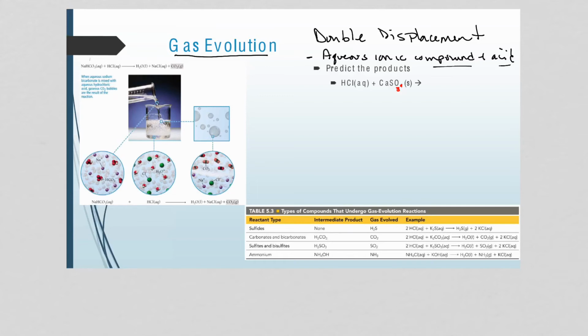So if we look at the table here, we have these bottom 3 here, which go through what we might term an intermediate. And in these reactions, we form an intermediate product before the ultimate gas is formed.